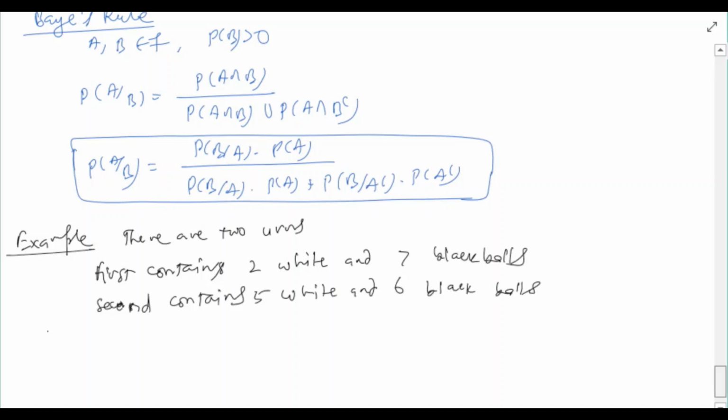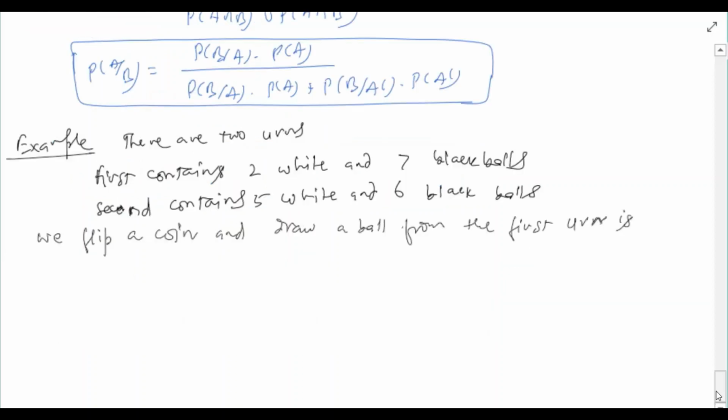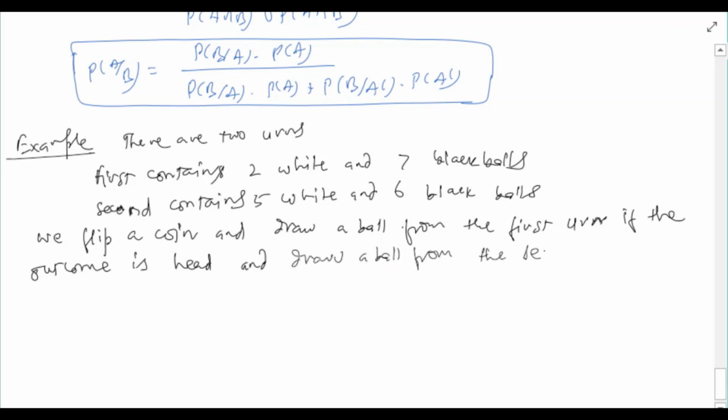We also have a coin, so we flip a coin and draw a ball from the first urn if the outcome of coin toss is head, and draw a ball from the second urn otherwise.